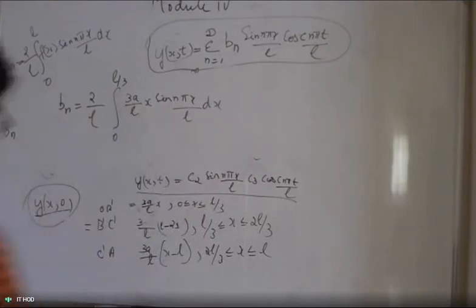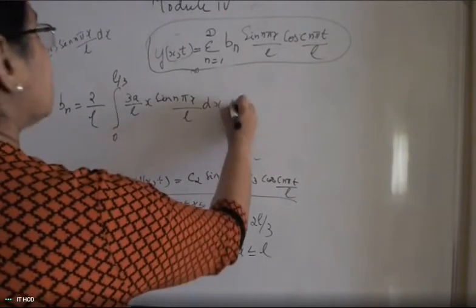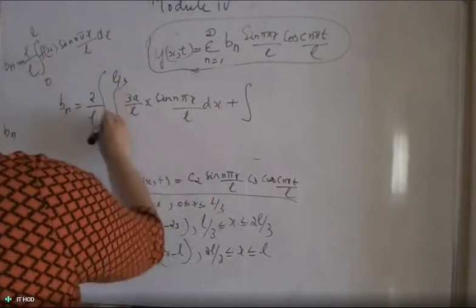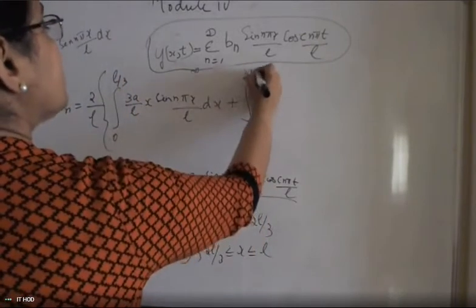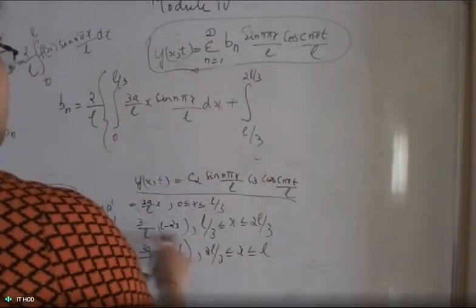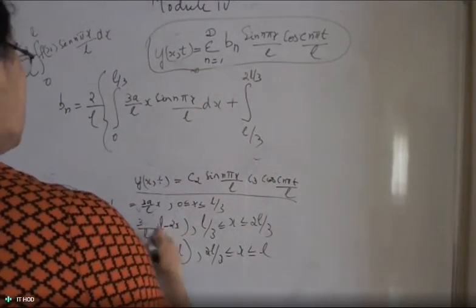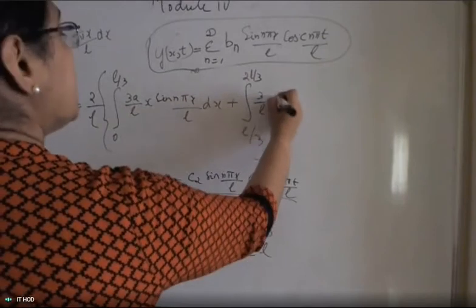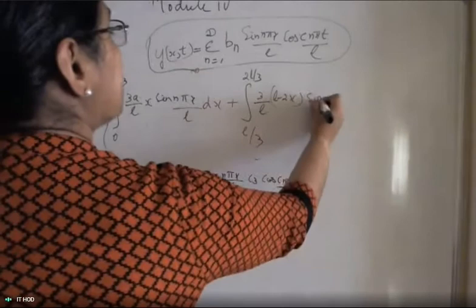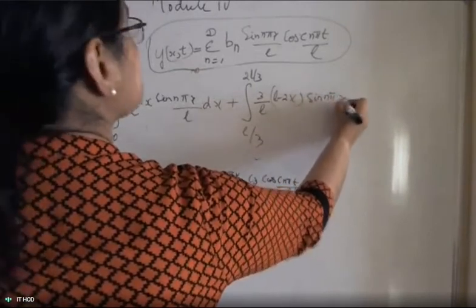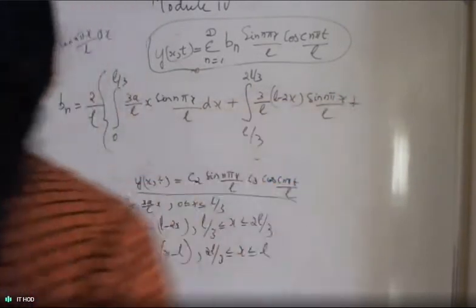Plus, next, 2 by L is common. Next is L by 3 to 2L by 3, f of x. What is our f of x? 3a by L, L minus 2x into sin n pi x by L. And one more is there.